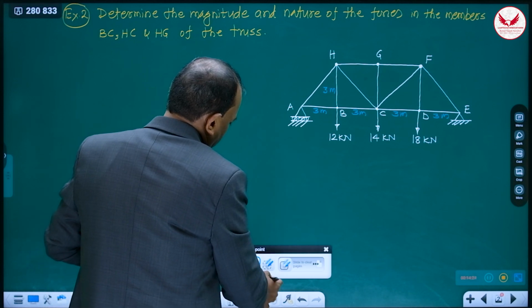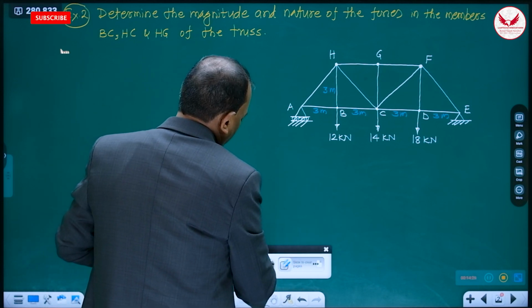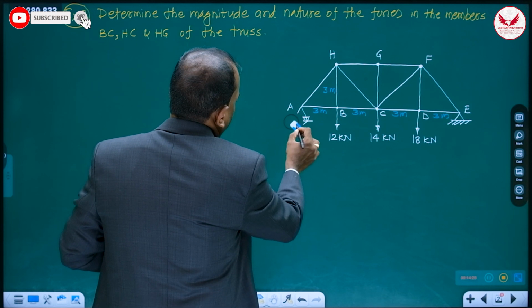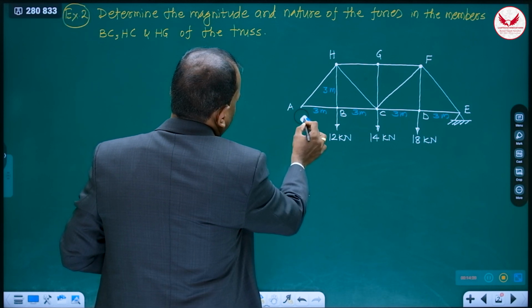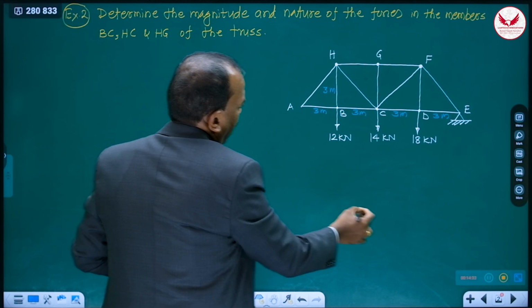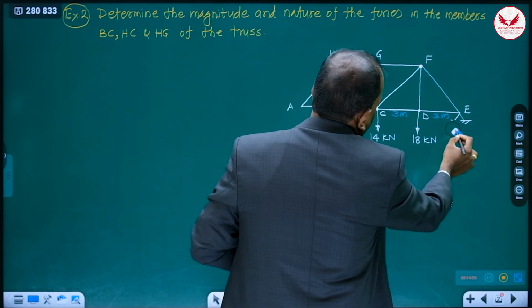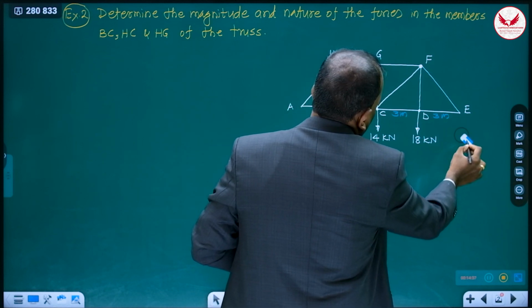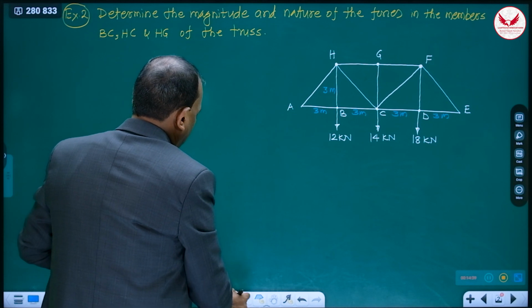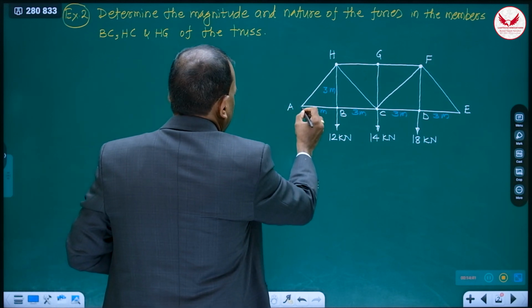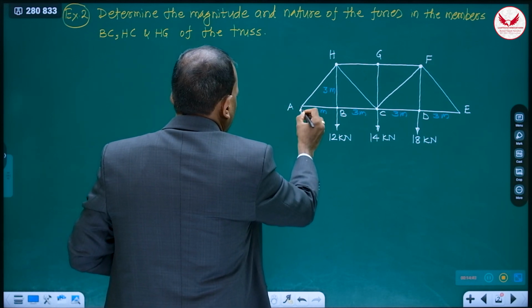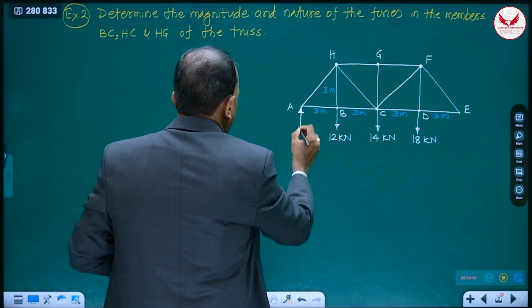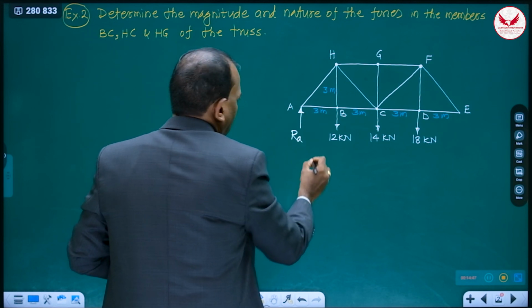As I told, always we have to replace the support at A by a single reaction and the support at E by 2 reaction components. It's a roller support, so it is RA.